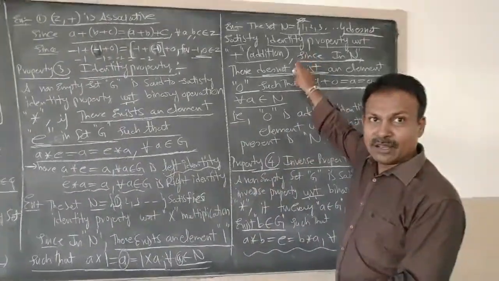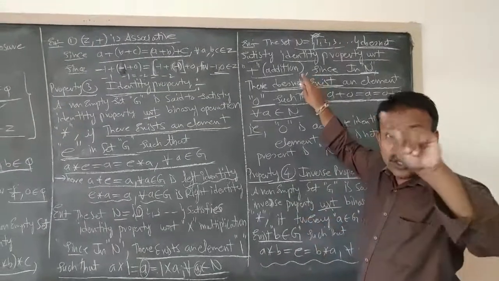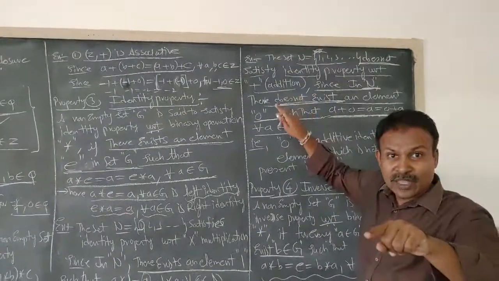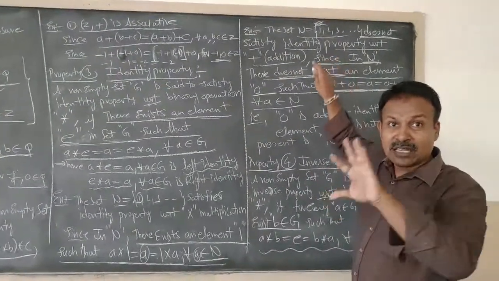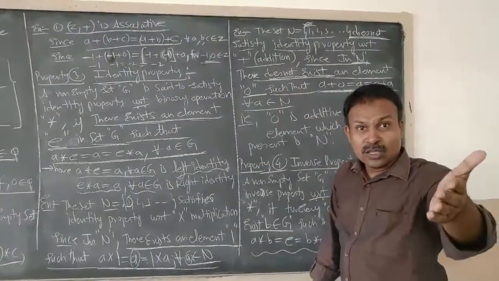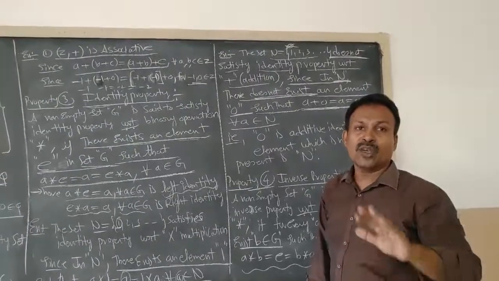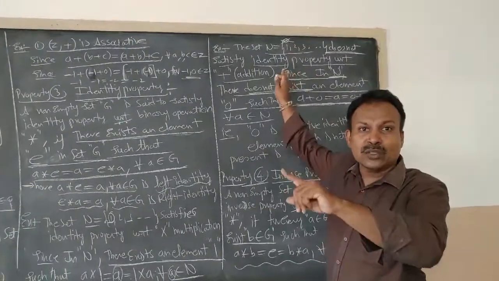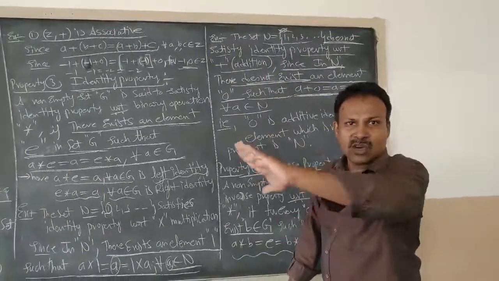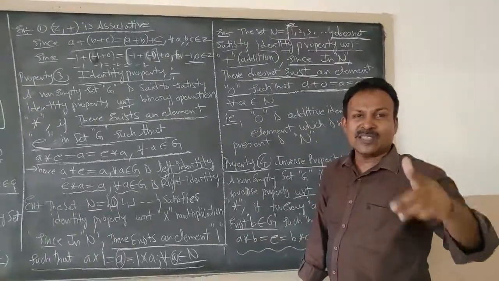And in this example, we should clearly know that 0 is the identity element with respect to addition, and in the set of natural numbers, there does not exist the element 0. Therefore, in the second example, we conclude that the set of natural numbers does not satisfy the identity property with respect to addition.